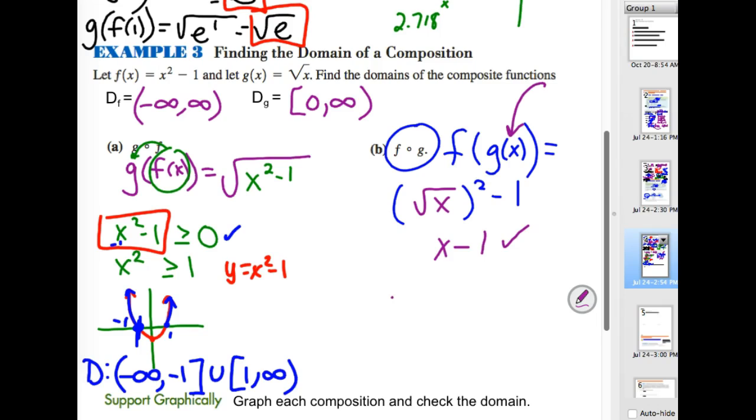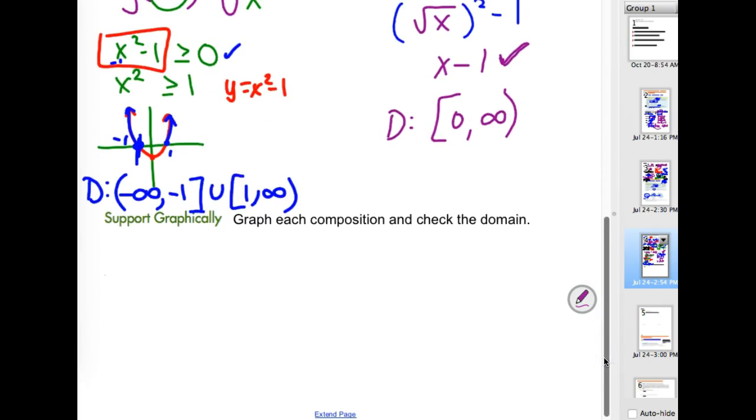So my domain here is going to have to be based on my g of x function, which says I have to be everything from 0 on up. Okay? So once again, when we look for those final domains of our composition, we are looking at domain restrictions of g of x, the inside function that we're dumping in, and then any restrictions on our final simplified answer.